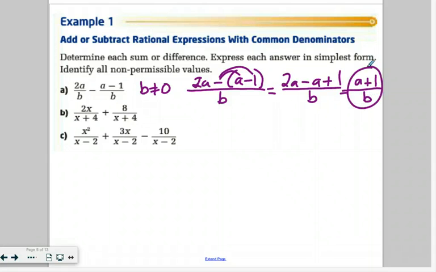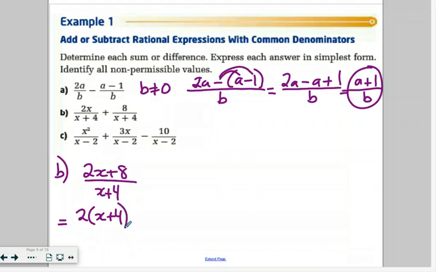Okay? If we look at b down here, again, we already have a common denominator of x plus 4 in both of them, so I'm good to just add my numerators together. So what I have is 2x plus 8 all over x plus 4. Now I'm going to attempt to simplify. In that numerator, there's a greatest common factor of 2, so I can factor the 2, leaving me with 2 times x plus 4 all over x plus 4.